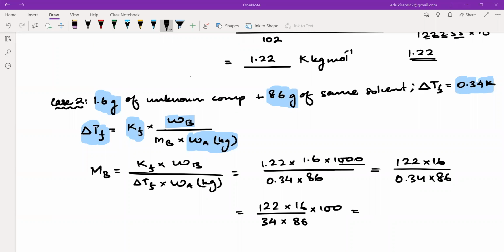Okay, let us see Abdul Rahman. I think that should be the answer, or somewhere near that. Okay, Sarah is also getting the same answer. I think that is fine.